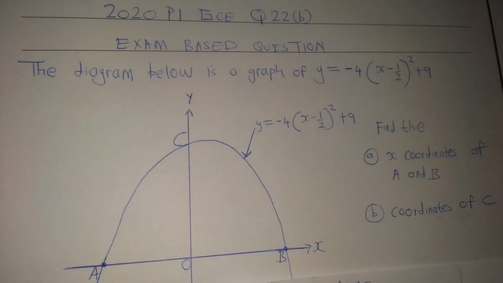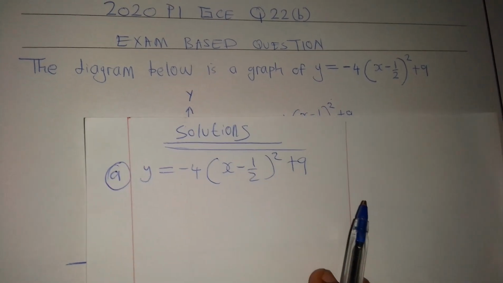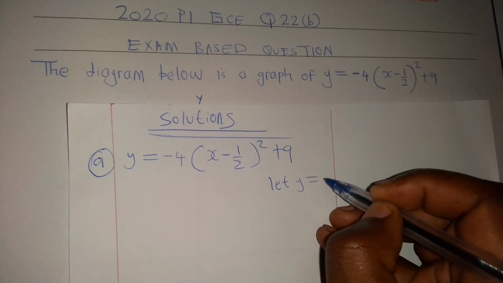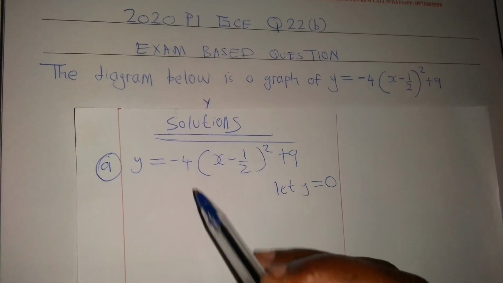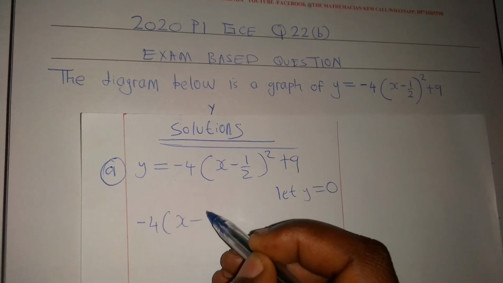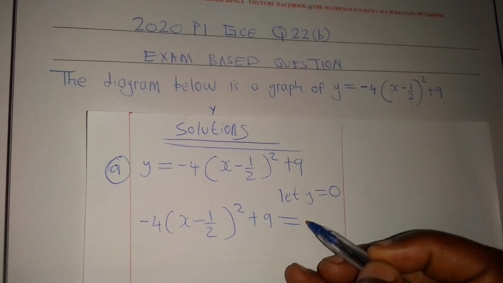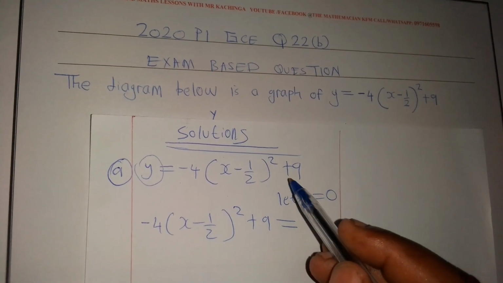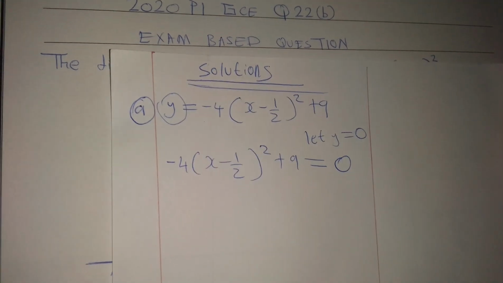Now we know that on the x-axis y is equal to 0. So I'll say -4(x - 1/2)^2 + 9 equals, where there is y here, I'm going to replace it with 0, since on the x-axis y is 0.